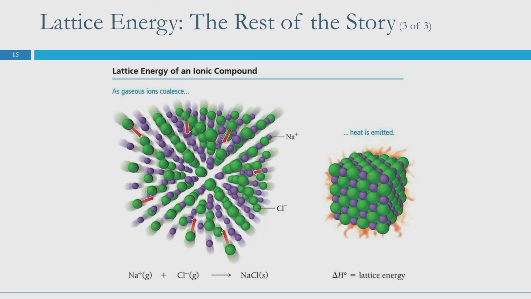So here is what that lattice might look like. On the left, we've got our gaseous ions that are coalescing. I like the blurriness of it. It makes me feel like I'm not focusing. They're all coming together. And then, boom, they form this beautiful lattice, a repeating negative and positive charge grid in 3 dimensions.